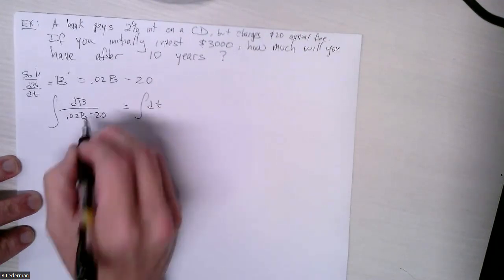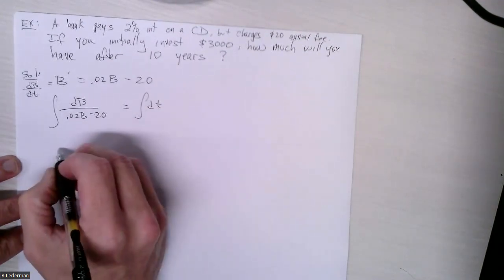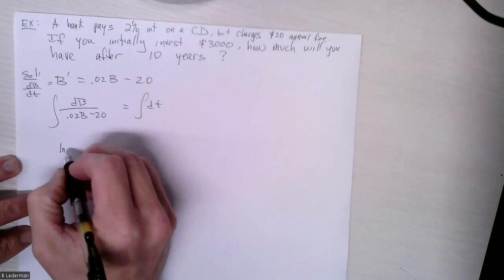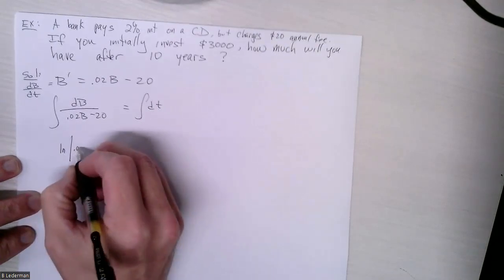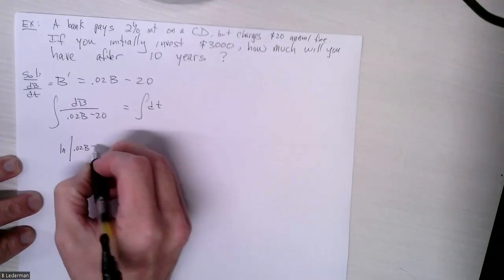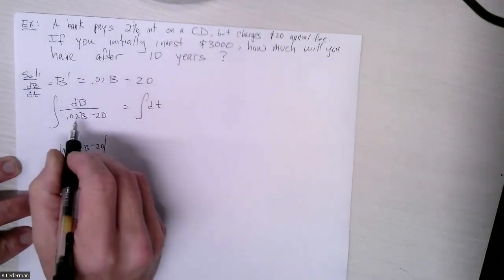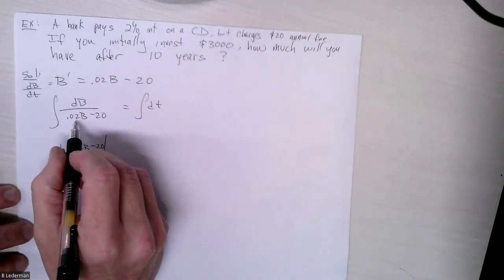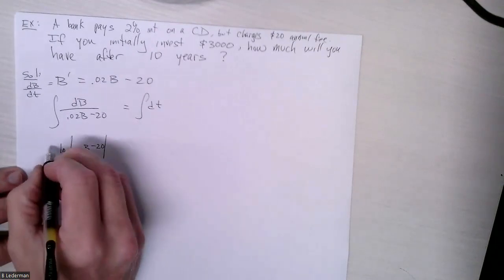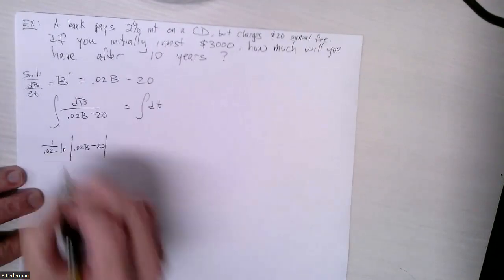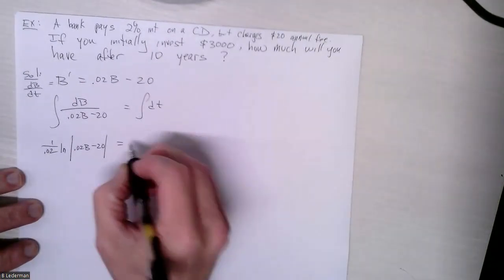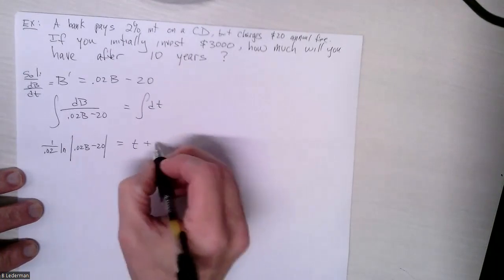Well, this is going to be ln of the absolute value of 0.02b minus 20. But I have to do the inner derivative because it's a kind of a chain rule. So I wind up having 1 over 0.02. And that's equal to, well, this is just t plus c.